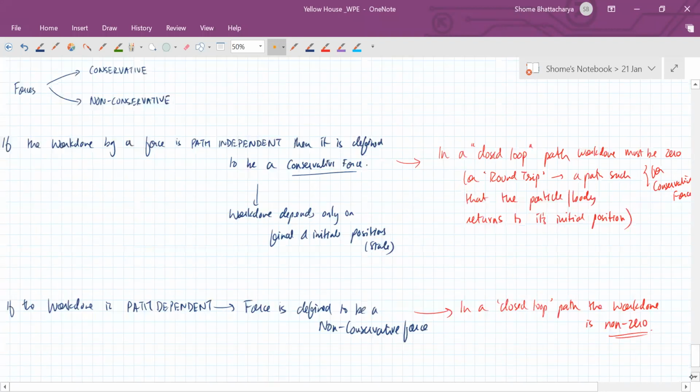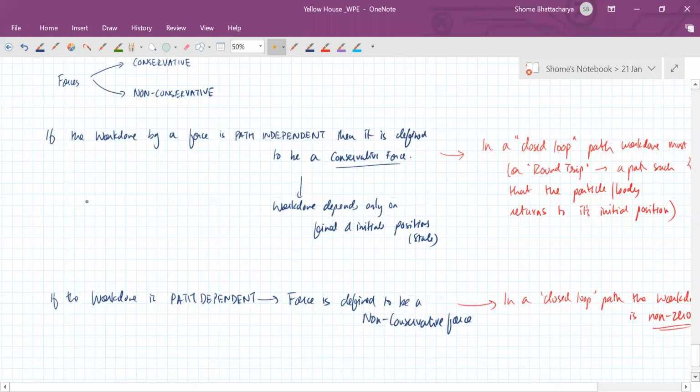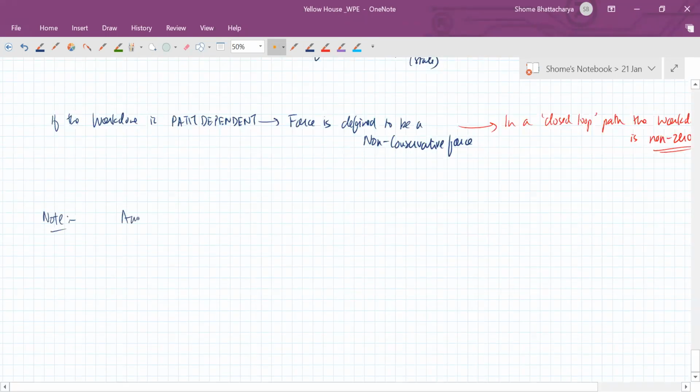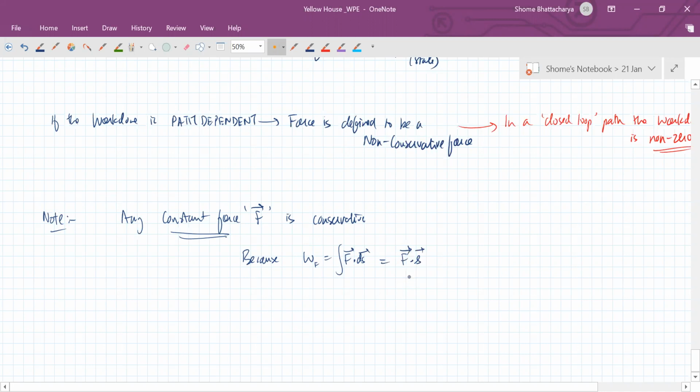Okay, so hope this is clear. So now that we've understood this definition, any constant force F is conservative by definition, because for a constant force, we can see that the work done reduces to the simple formula of F dot S. So you can see that it is path independent.